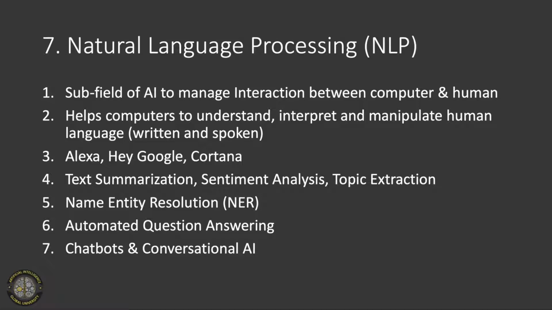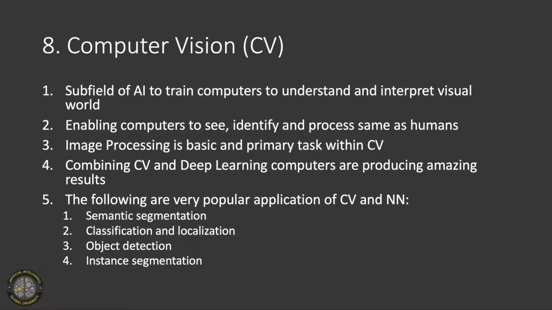So natural language processing was our topic which you just talked about, and our next topic is computer vision. Computer vision is a field of artificial intelligence to train a computer so they can understand and interpret the visual world. So we have cameras already, and the relationship between cameras and computers is really very old.